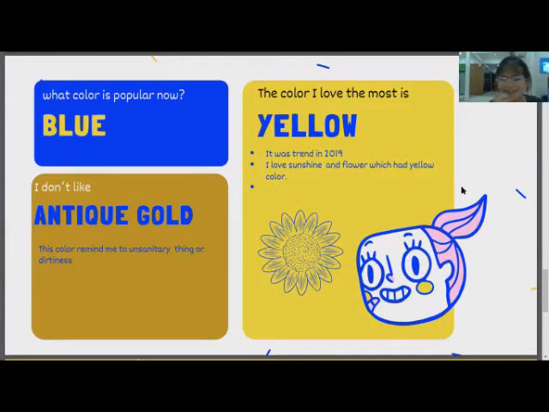I love it, as I implied before, because I love sunflowers and sunshine and anything that can be yellow. I don't like the color antique gold because it reminds me of something that is dirty or uncertain.